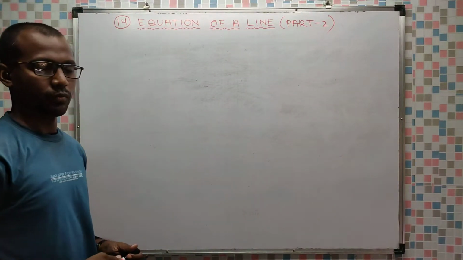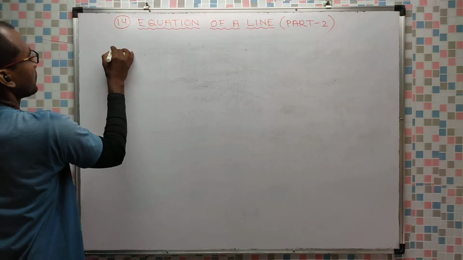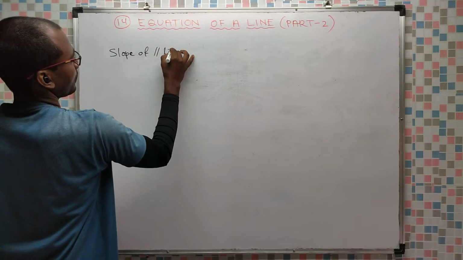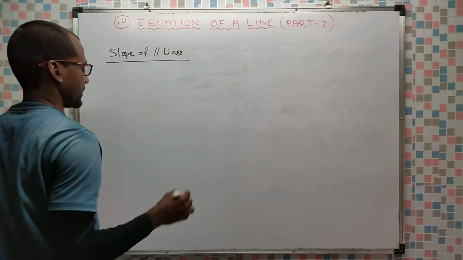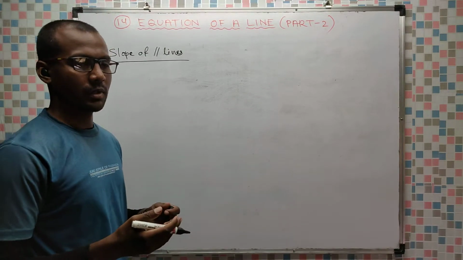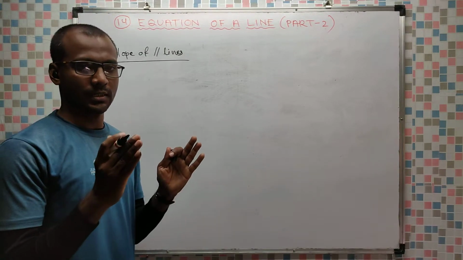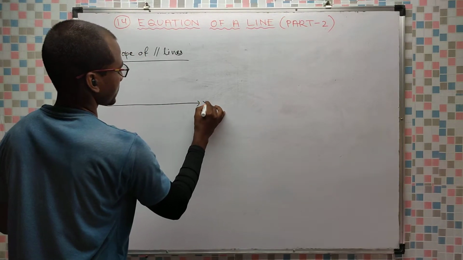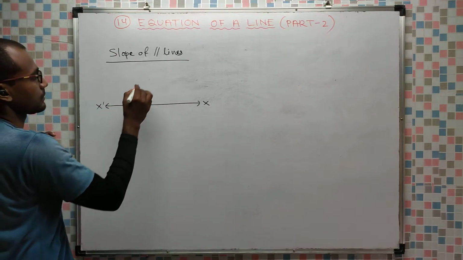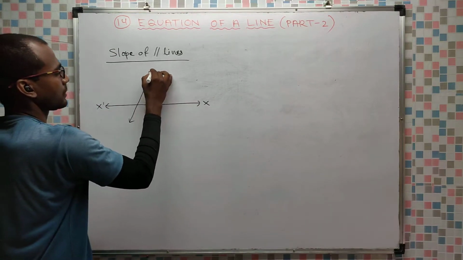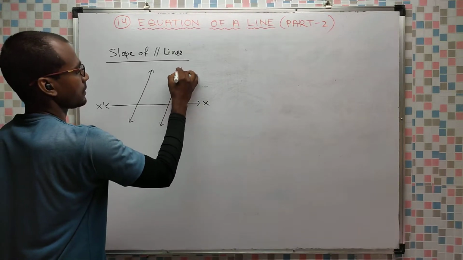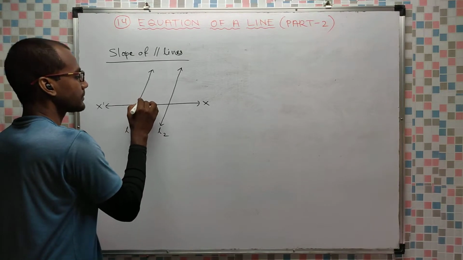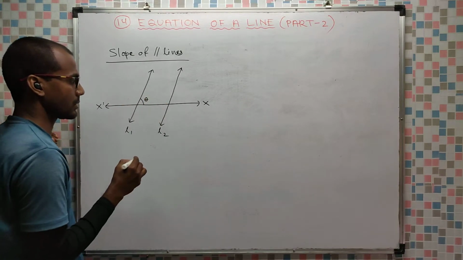Next is slope of parallel lines. Now, what is the relation between the slopes of two lines which are parallel to each other? Let us see. Suppose this is x-axis. I will draw two lines which are parallel to each other. This is line L1, this is line L2. The angle of inclination is theta.